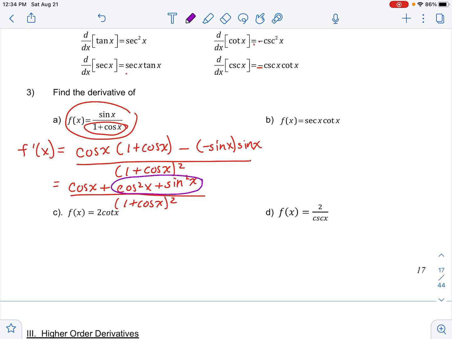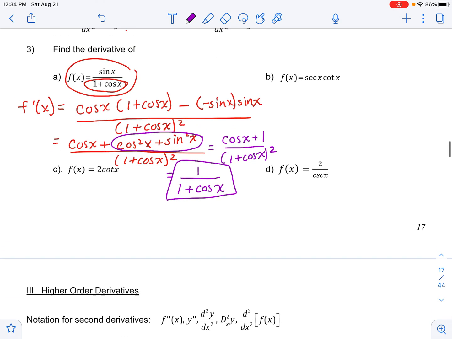If you remember, cosine squared plus sine squared is really 1. So I can substitute 1 here. And then notice what happens. Notice you have 1 plus cosine of x on the top and the bottom. So one of those will cancel with the factor. So this is actually your final simplified answer.